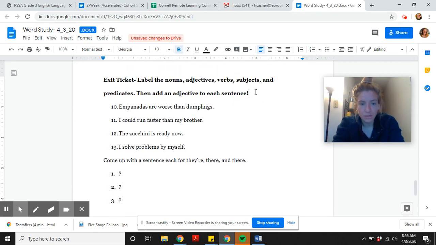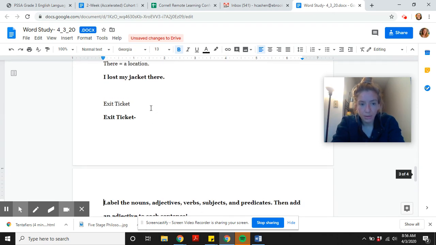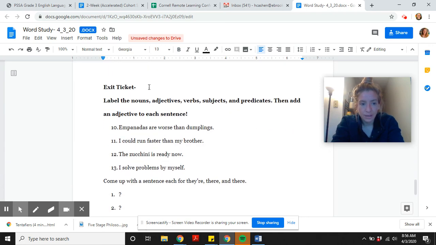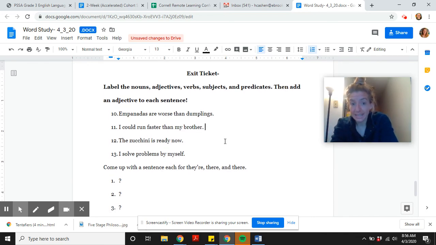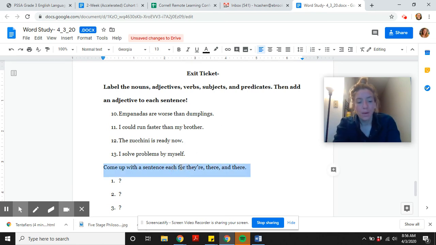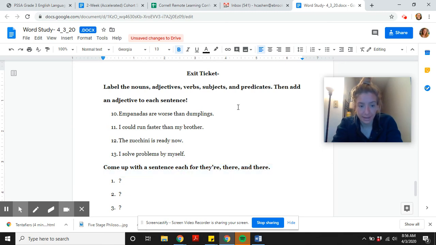So just to review, so you know exactly what you are doing for this work, you are going to go in and label the noun, which is a person, place, thing, or idea, the subject, which is what the sentence is mostly about, the predicate, which is what the subject's doing, and the verb, which is the action word. Remember, predicates and verbs are usually the same thing in each sentence. Then you're going to add an adjective. And an adjective is a word that describes a noun. When you're done with that, you're going to come up with a sentence each for they're, their, and there.